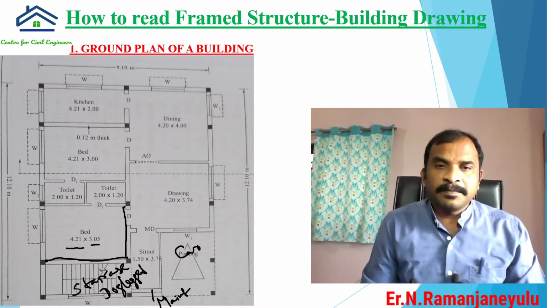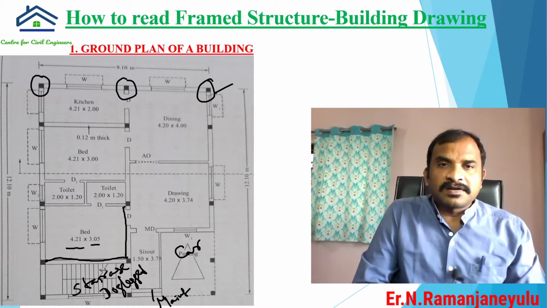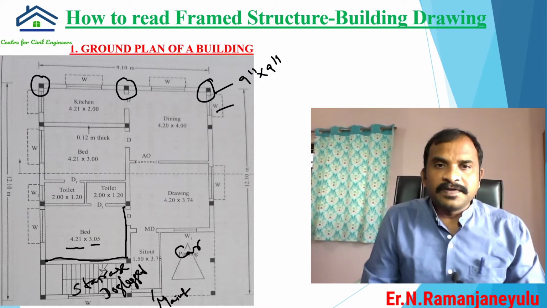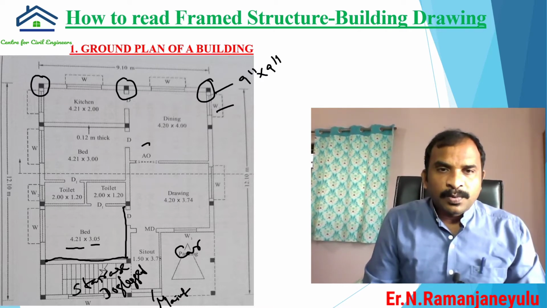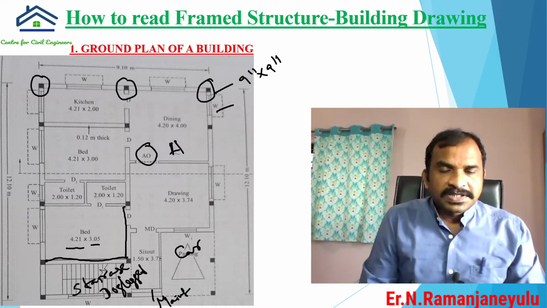This is car parking, and here you can see column positions. All these are column positions. The column size is 9 inch by 9 inch of this cross section, and this W stands for window, and here we have AO. AO stands for arch open, whereas this one MD stands for main door, and this is a window.